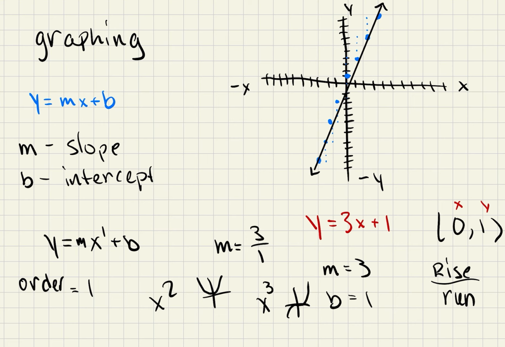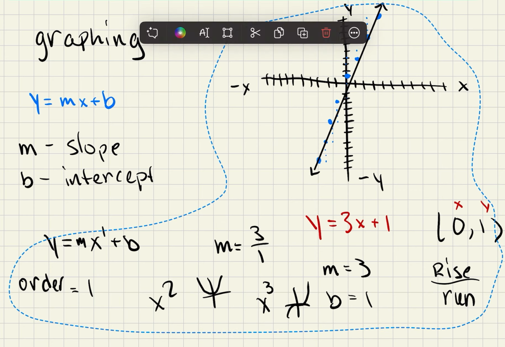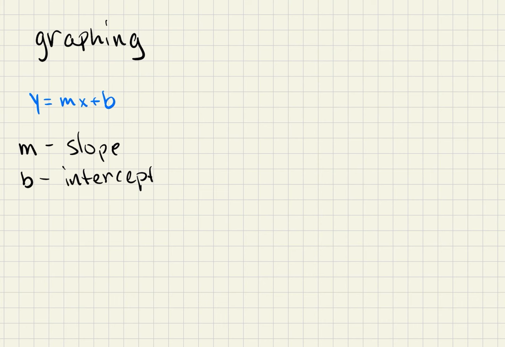So let's go ahead and look at another example now. Let's use a fraction for m just to get the feel for it. Okay. And I'm going to erase that graph just because I didn't love it.